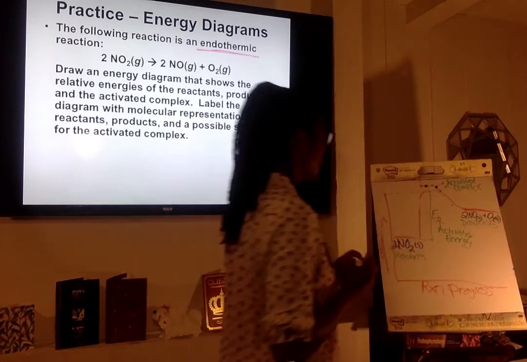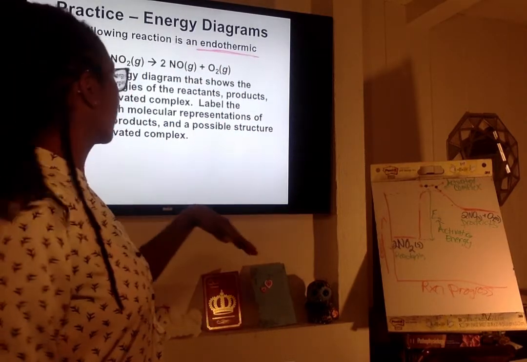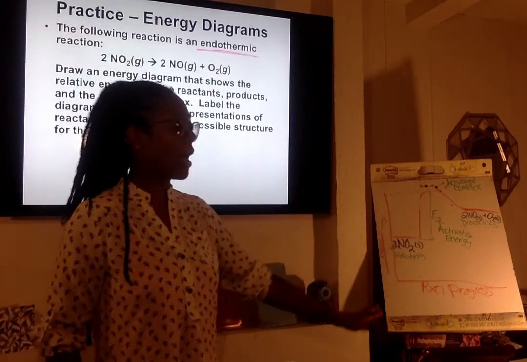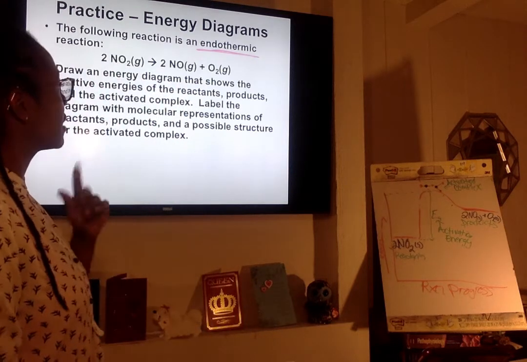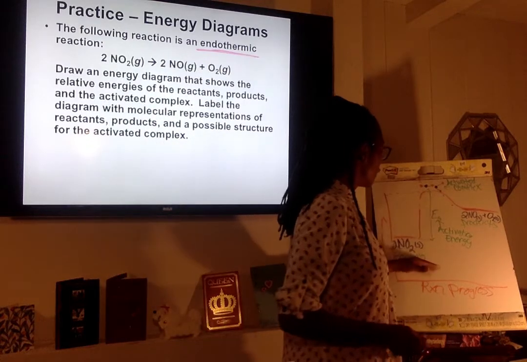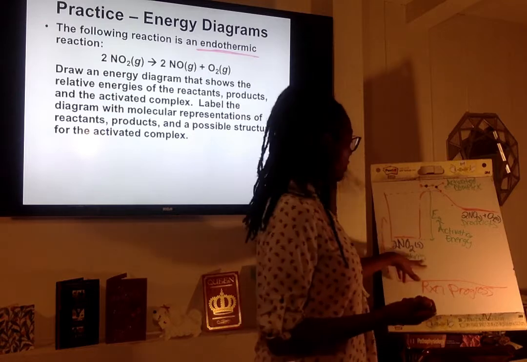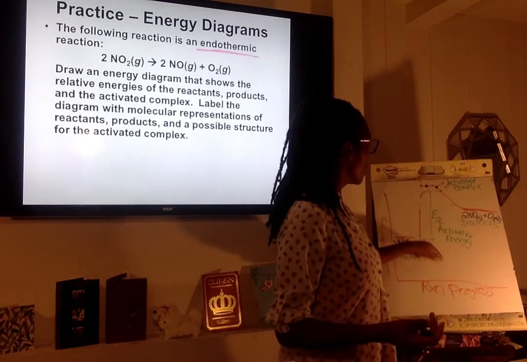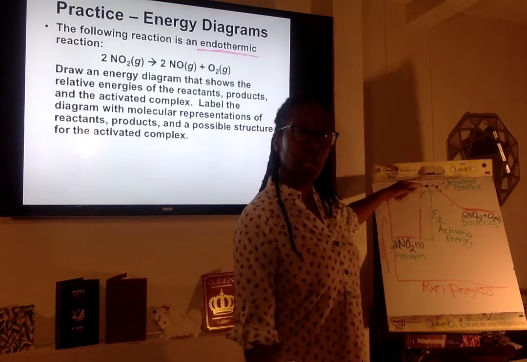Okay, so I lied before. This is the final product of what you would have written out for this answer, because you're showing the energy difference between the two, but you also want to label it so that you show you know what you're talking about. This is the reactants, these are the products, and you draw the difference between the reactants and the activated complex.